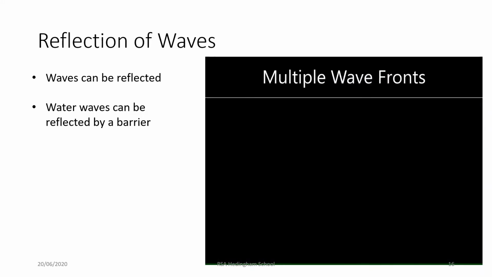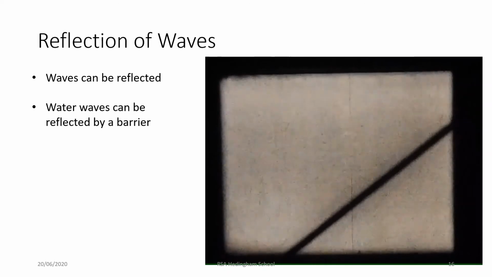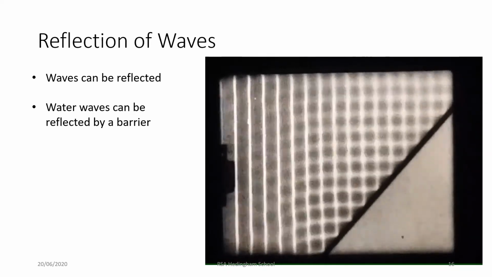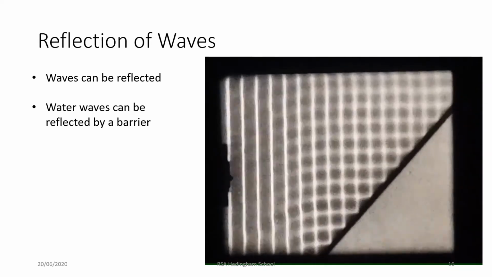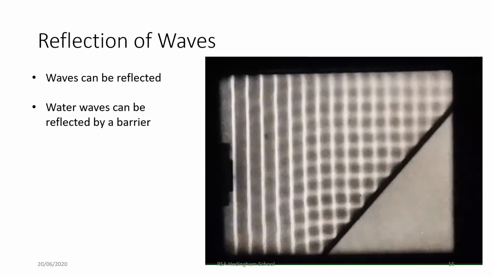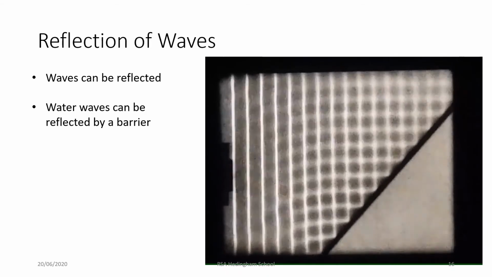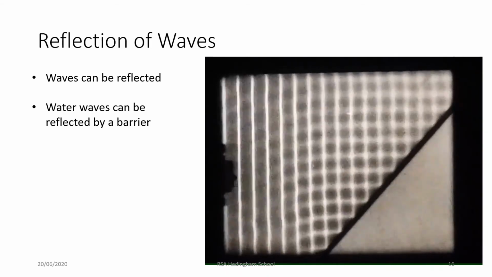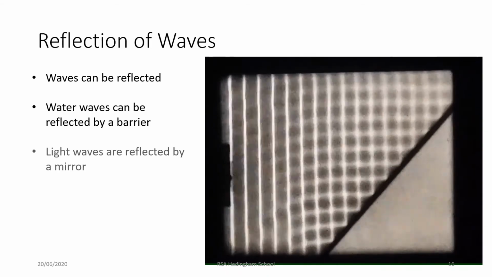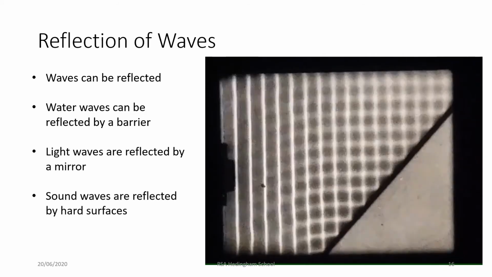If we look at multiple waves, then reflecting here, what's happening is the waves are moving from left to right, but they're being reflected upwards. And we get what's called a wave interference pattern because the waves are moving through each other. And we'll look a bit more at that in a minute.